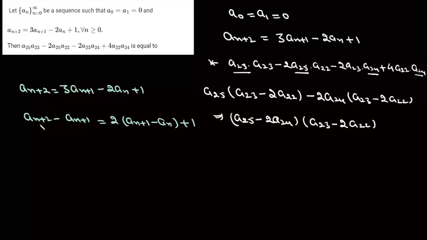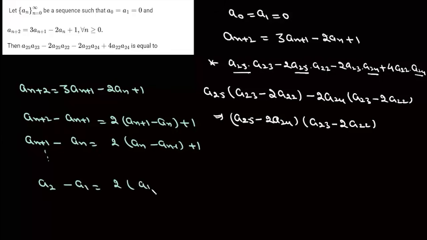Now if we replace n with n minus 1, we can write A(n+1) minus A_n will be equal to 2 times A_n minus A(n-1) plus 1, and we'll continue. And in the end, we'll have A2 minus A1 will be equal to 2 times A1 minus A0 plus 1.